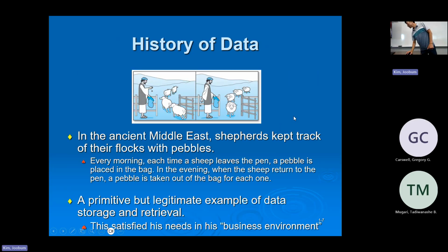One example: in the Middle East, shepherds kept track of their flocks with pebbles. Every morning, each time a sheep leaves the pen, a pebble is placed in a bag. In the evening, when the sheep return to the pen, a pebble is taken out of the bag for each one.